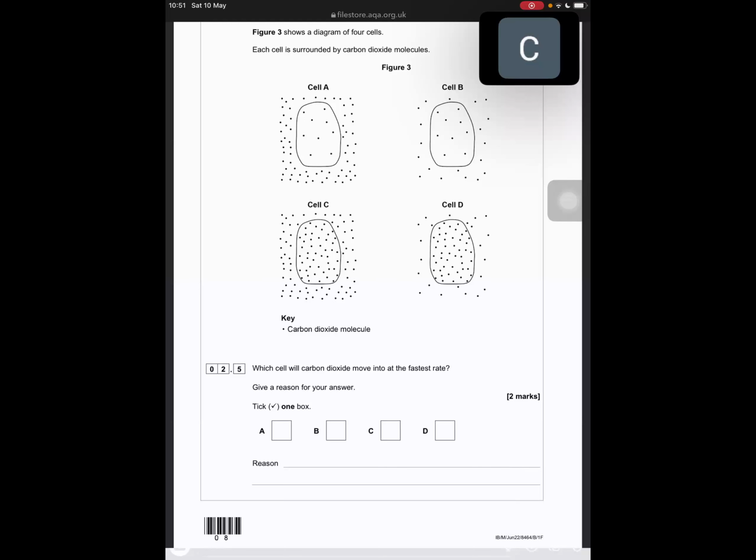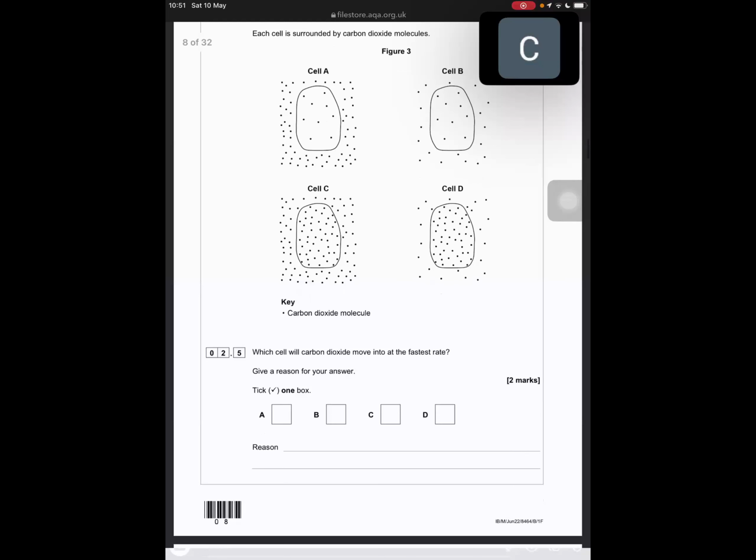Okay, but I was just asking, do you see reason with me, or do you have a different opinion? No, I just didn't understand it at first. Oh, okay. But what does the marking scheme say in terms of the reason?